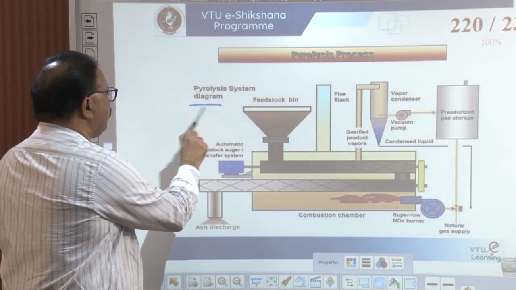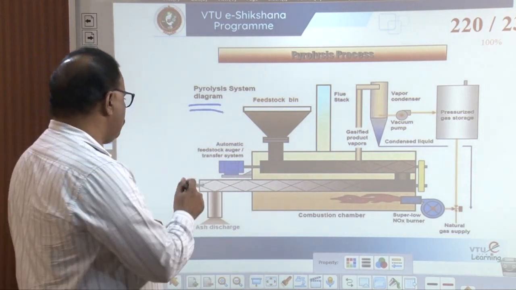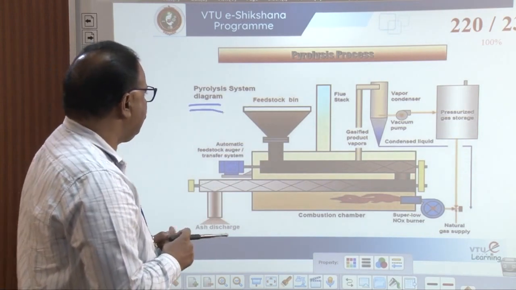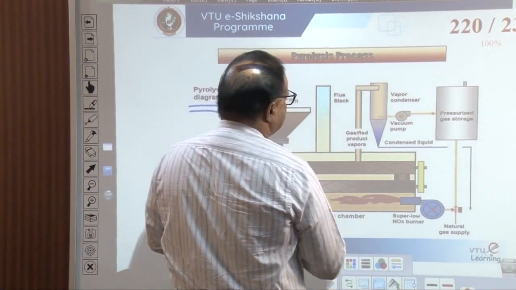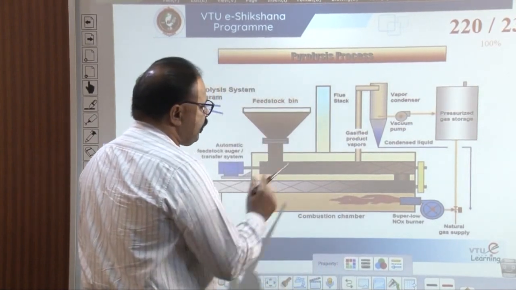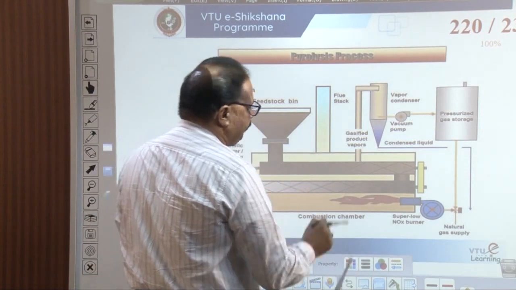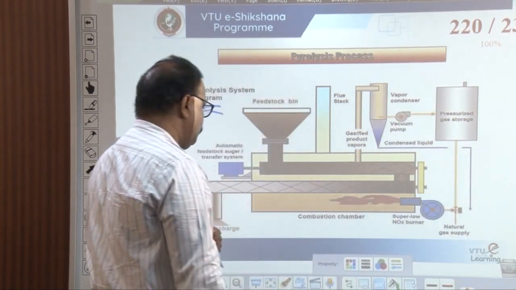This is the pyrolysis system diagram. Automatic feedstock transfer station, feedstock bin, fuel stack, gasified product vapor, vapor condenser, vacuum pump, condensed liquid, pressurized gas storage.